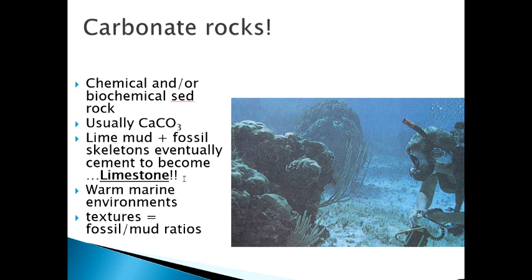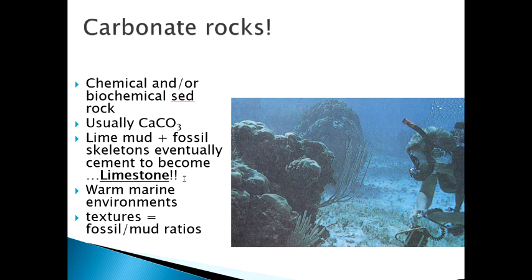And limestone is a golden indicator of warm ocean environments. The only way you can produce limestone is in warm ocean environments. You find lots of limestone, you know that an ancient warm ocean was there.